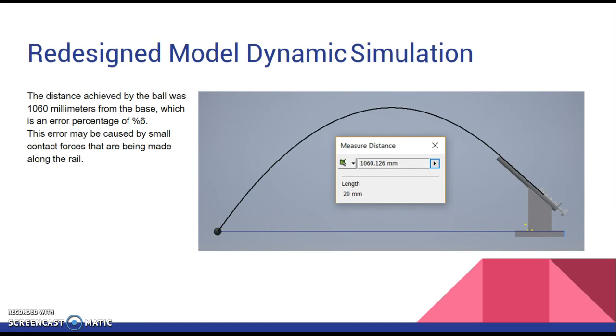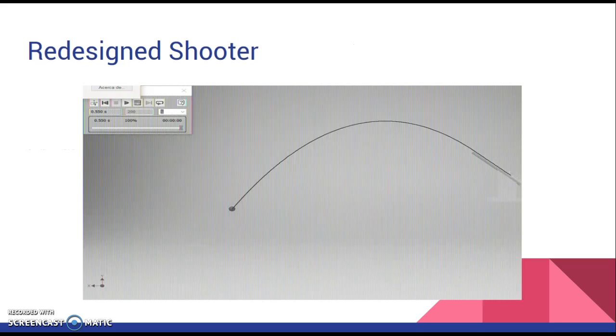The redesigned model simulation gave us a result that the shoot gun threw the ball to 1060 millimeters from the base, which is a percentage of 6 in the error. This is small, and we think it's caused because of internal forces and the distance of the cannon.